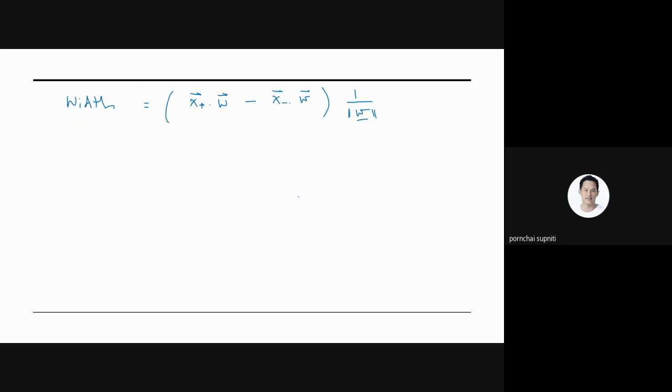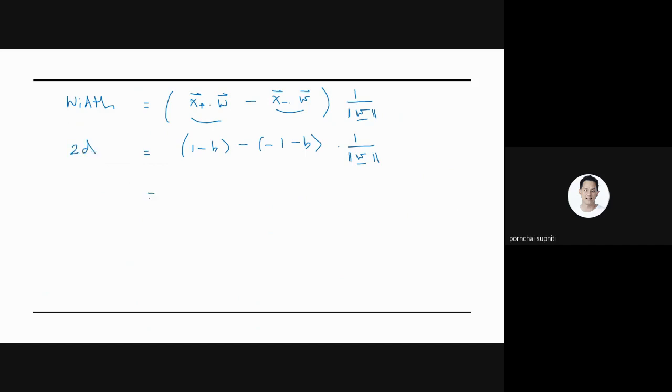So from equations 1 and 2, what do I have? This one is from equation 1, I just get 1 minus b. And this one is from equation 2, I just get minus 1 minus b, multiplied by 1 over size of w. And this thing is 2d.